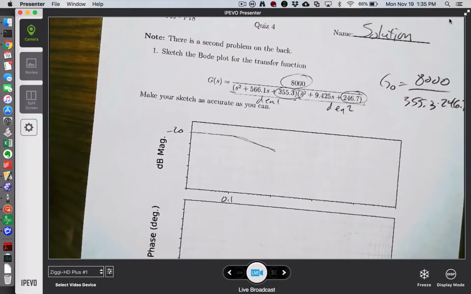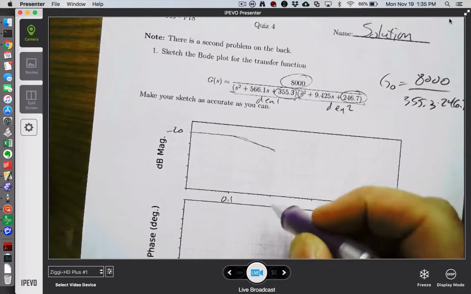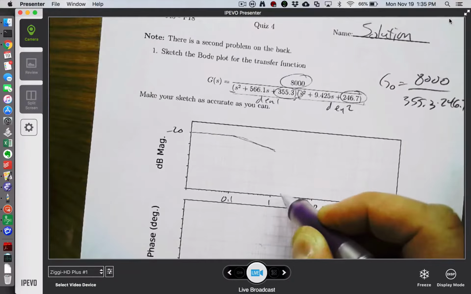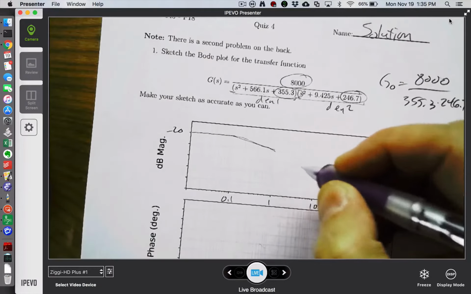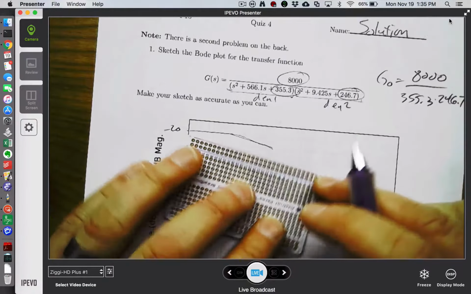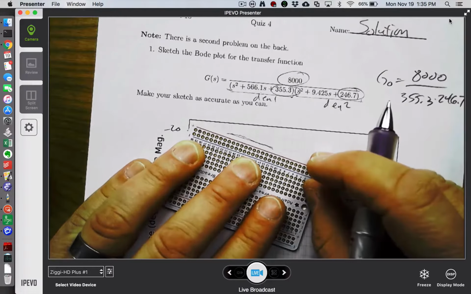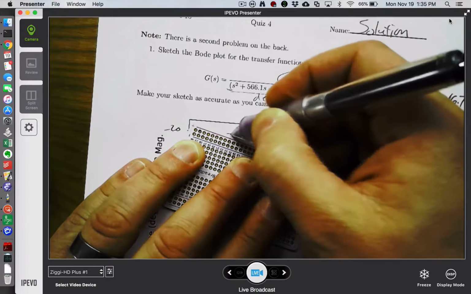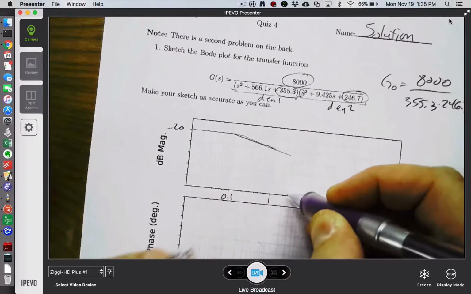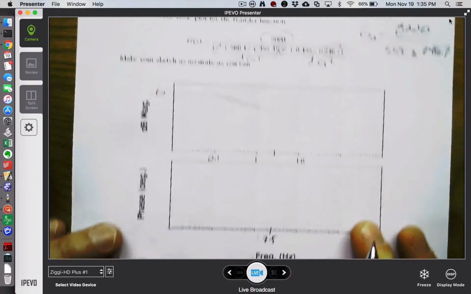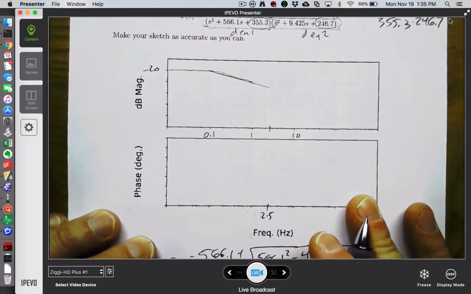And then this is 0.1, this would be 1, this would be 10. My next pole is at 2.5-ish. So if I just continued this down until I got to here, at 2.5, then I have my underdamped second order.